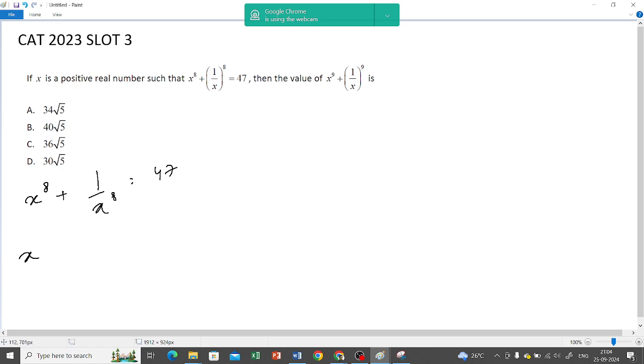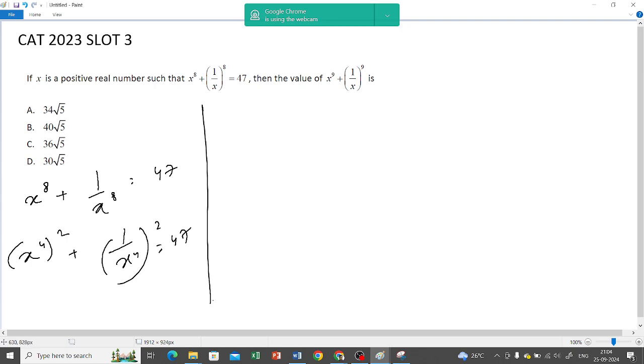Now this can be written as (x to the power 4) square plus (1 by x to the power 4) square is equal to 47. a square plus b square. Can anybody tell me what is the formula for a square plus b square?